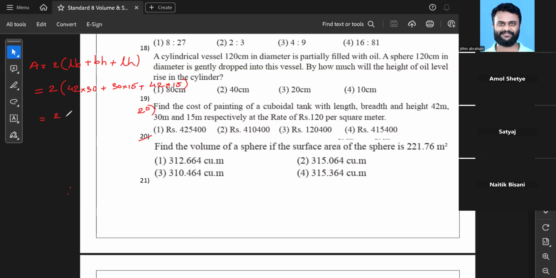Now these are huge numbers, so I would like to make them smaller. How can I make them smaller? So हर जगह से this 42 is a multiple of 6, 30 is a multiple of 6, 42 is a multiple of 6, and this 30, 15, and 15, all these three are multiples of 5. So let me take 6 and 5 as common outside.